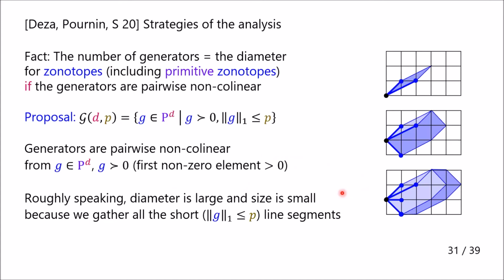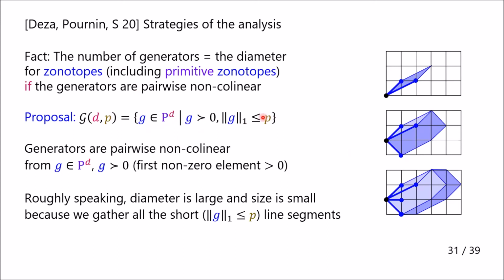Finally, I would like to show you some technical parts in more detail. It can be easily shown that for zonotopes, including primitive zonotopes, the number of generators equals its diameter, as long as generators are pairwise non-collinear, as you can see from these figures. And our proposal is to look at a set of primitive points defined like this.